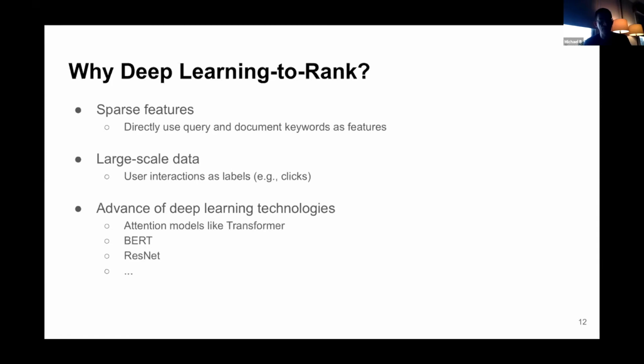Also, there is a lot of recent work, which you probably heard about at this conference and others, about attention models, BERT, and other neural architectures that have been very powerful in modeling text, images, audio, and so on. We'd like to incorporate those into our learning to rank methods as well.